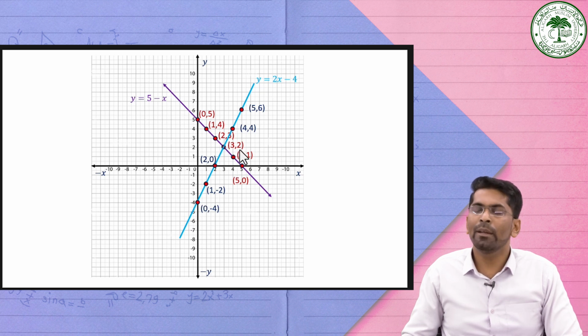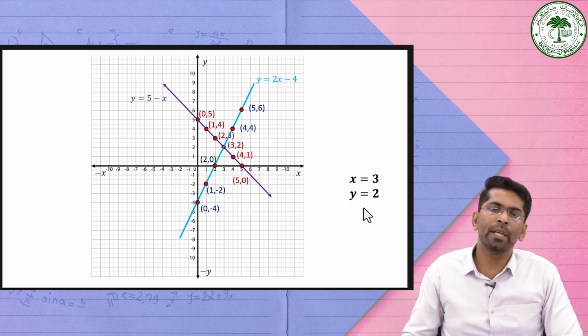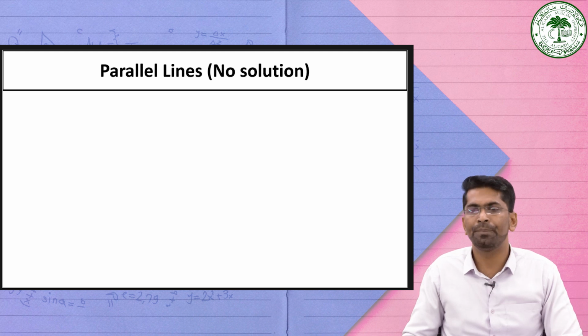Here we can conclude that the solution of the system of linear equations with two unknown variables through the graphical method is that point of intersection. At this intersection point, x is equal to 3 and y is equal to 2. In this way, we can find the solution of linear equations by using the graphical method.